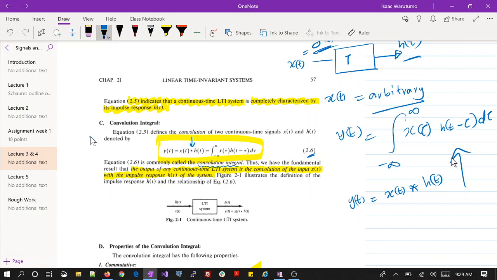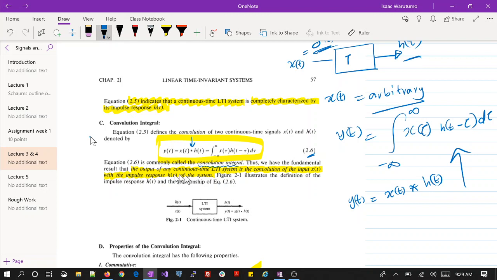Equation 2.6 is commonly referred to as the convolution integral. Thus, we have the fundamental result that the output of any continuous time LTI system is the convolution of the input x of t with the impulse response h of t of the system.